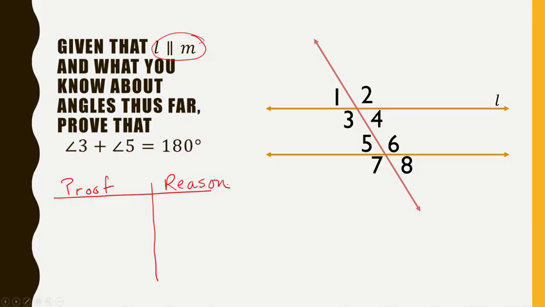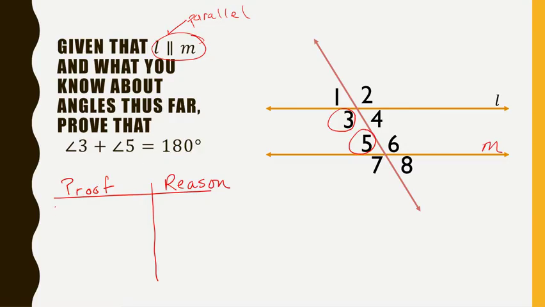So they're saying line L and line M, let's put an M here, are parallel. This little symbol here, guys, means parallel. And it says, use what you know about angles thus far to prove that angle 3 and angle 5 add up to be 180.